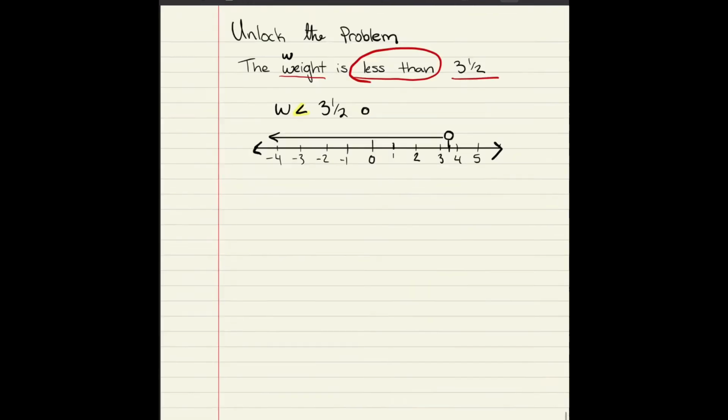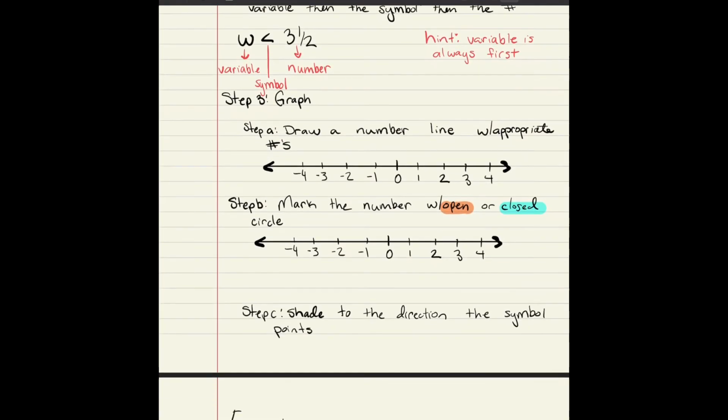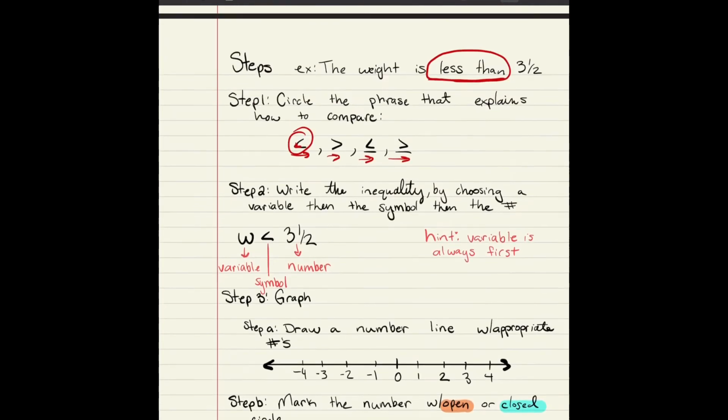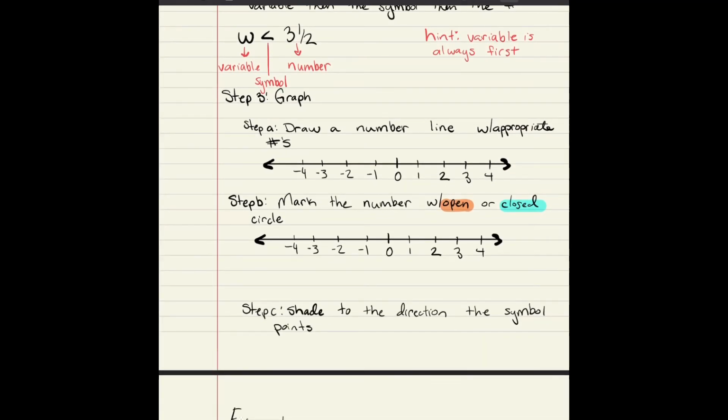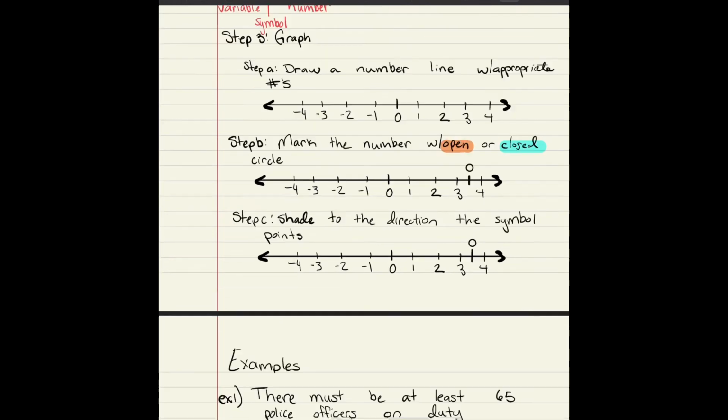So let's see what our example is. Our example is less than, it's not equal to, it's just less than. I'm going to mark where 3.5 is, which is between 3 and 4. I'm going to draw an open circle. And step C is to shade in the direction the symbol points. So I'm going to rewrite our example.